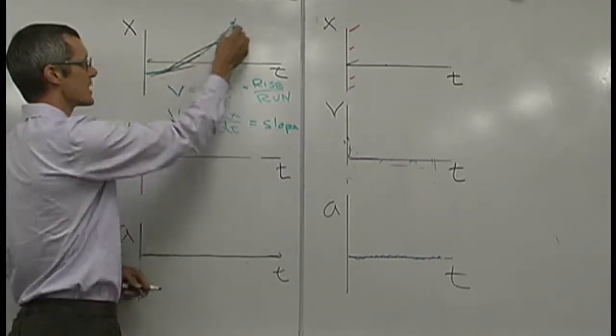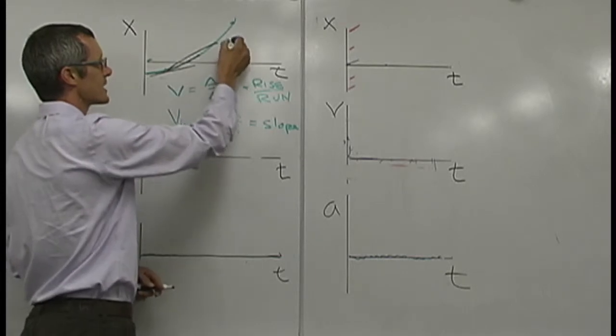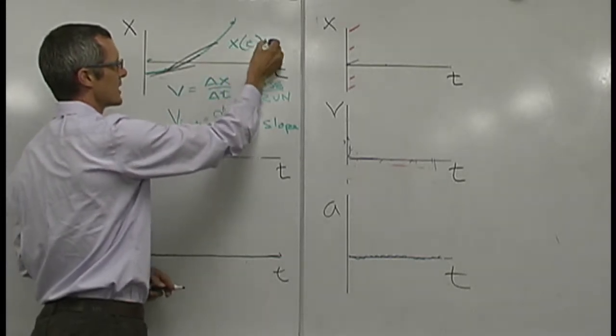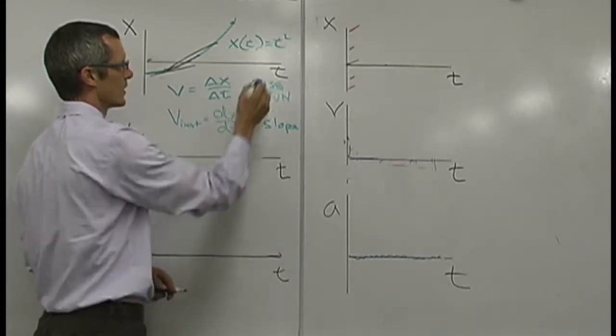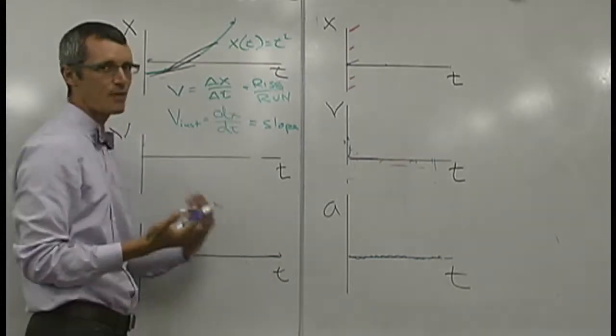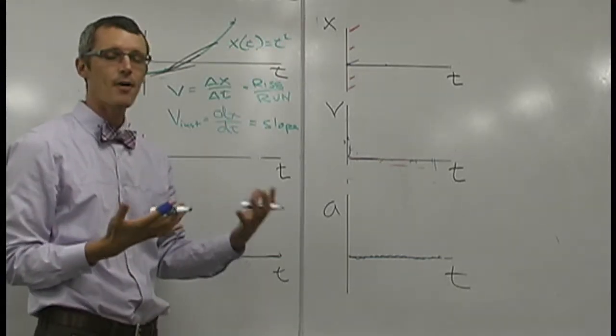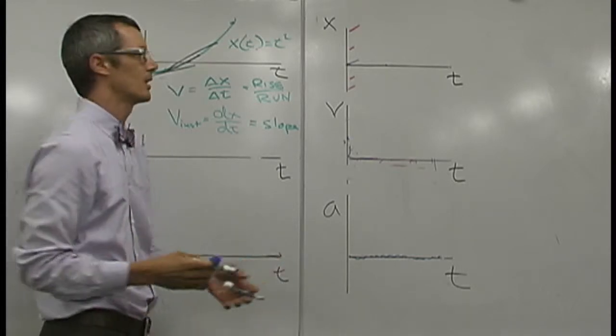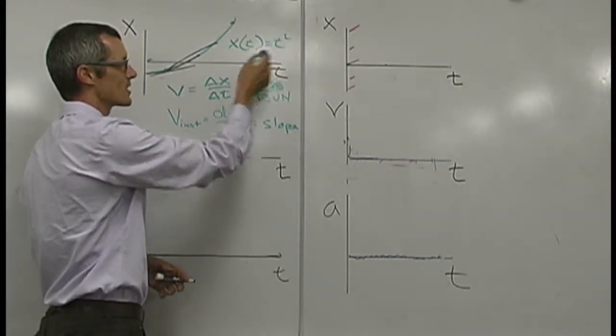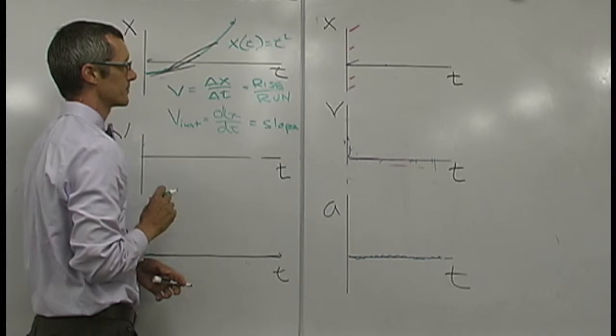Now, as it turns out, with this particular graph I drew, if this is based on the equation x of t equals t squared, where t is a variable and x is my function, in other words, the function of how far I've gone in a certain amount of time, and t defines how many meters that is, in this case.